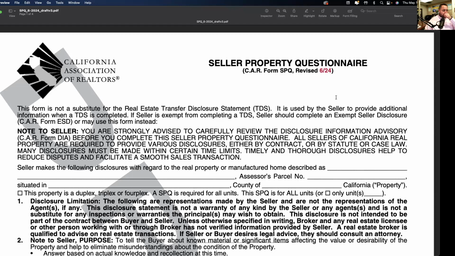Again, we'll cover that, but for those of you that don't know, the law changes in July are that if you have purchased the property within the last 18 months or sooner, and you've done any kind of modifications to the property, repairs or additions or things like that, you've got to disclose all of those repairs, additions and modifications that you made, in addition to how much you spent on all of those and who was the contractor that completed them.